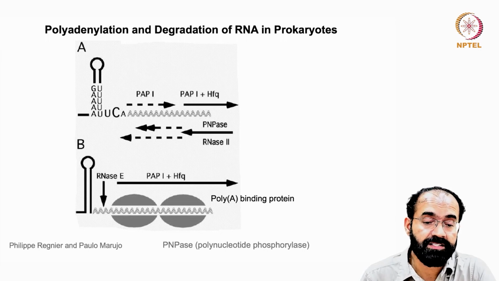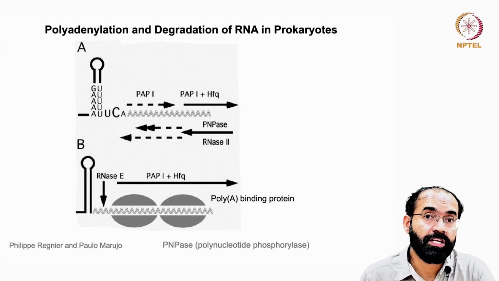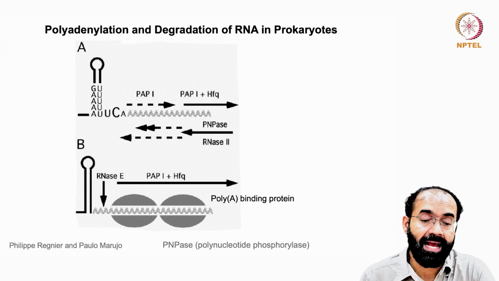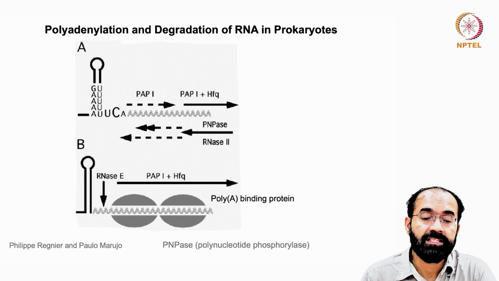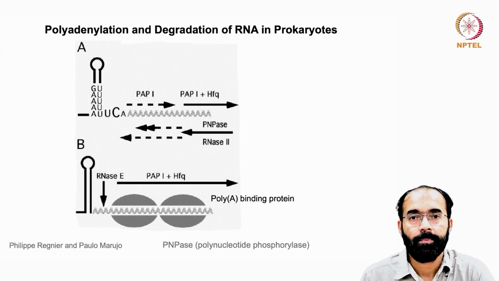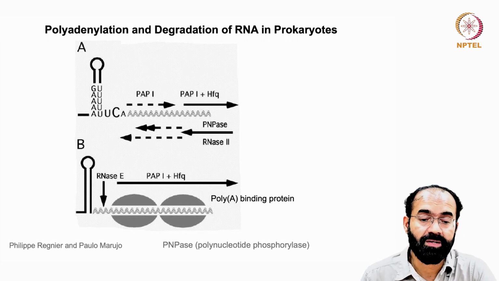But if it is added by PAP1 plus host factor Q protein, HFQ, then the rate of production accelerates. Nonetheless, it is vulnerable to degradation by PNPase and RNase II. They keep on decreasing the length. So there is a tug of war between these two enzymes. PAP1 and HFQ together will accelerate.